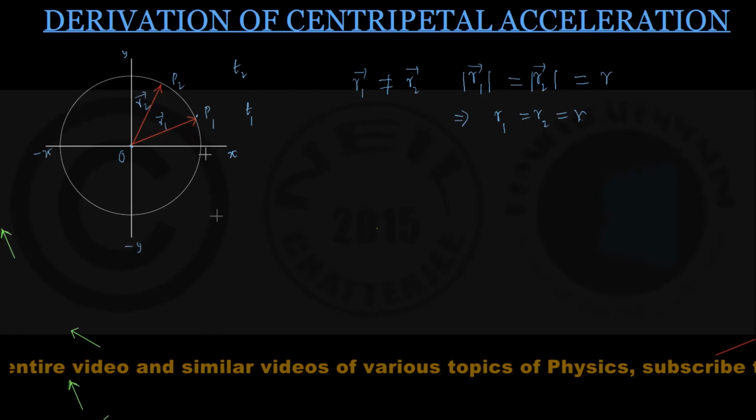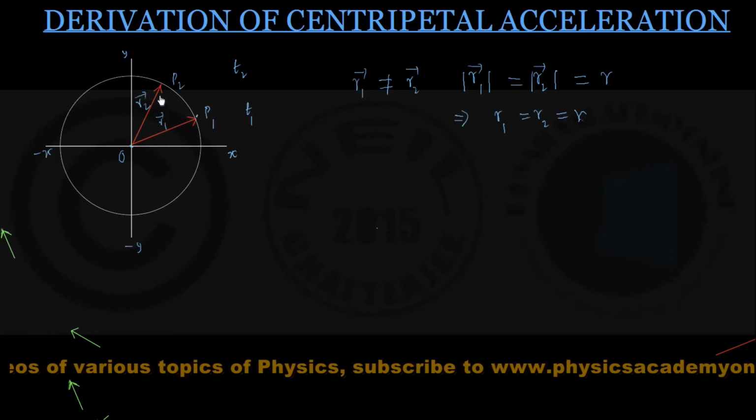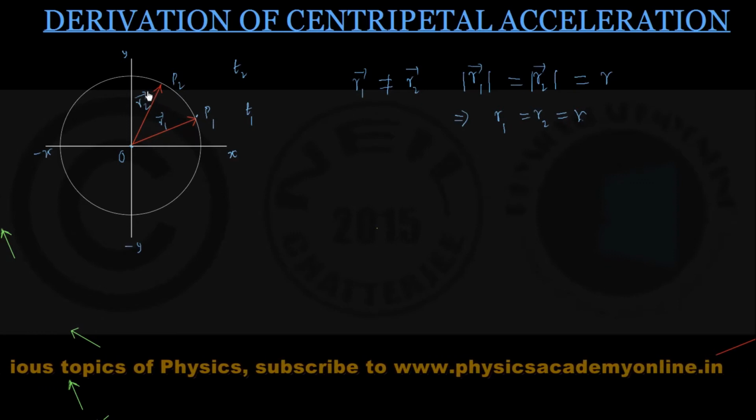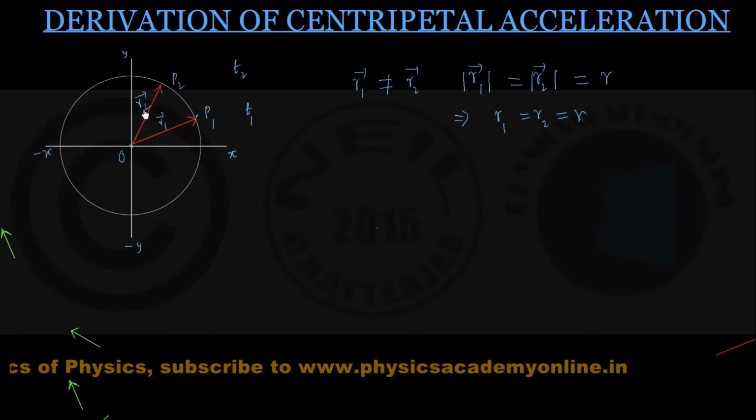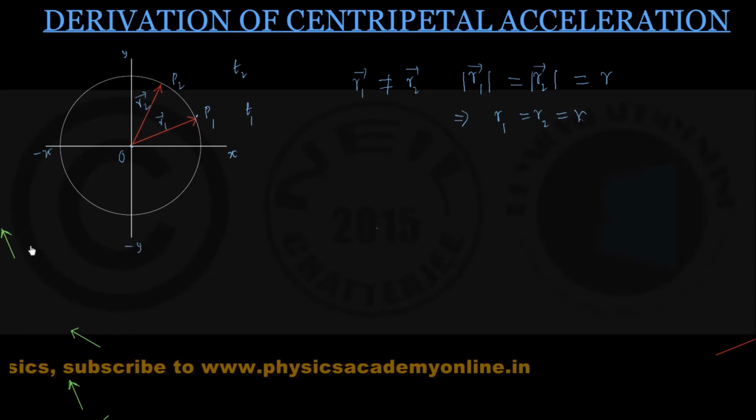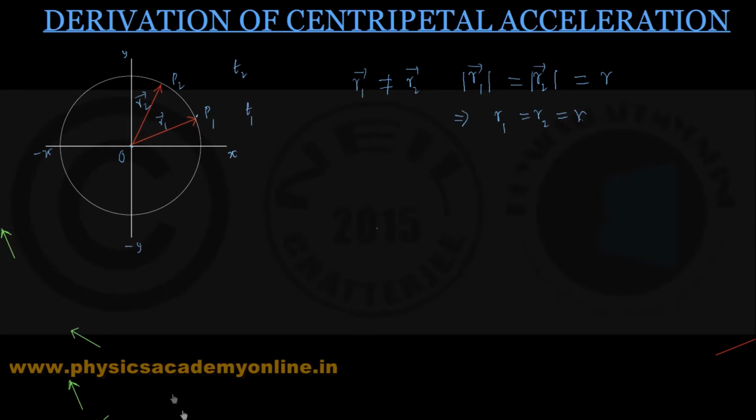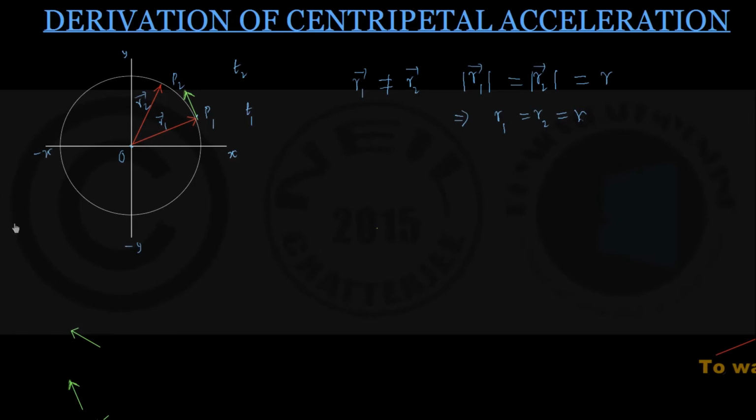Now what we need to note here is that even if the motion is uniform circular motion, which means the angular velocity or linear speed of the particle remains constant, we cannot say the same for the linear velocity of the particle. Why? Let us see this. At the initial time, time t1, when it was at point P1, the velocity vector was pointing along this green arrow, which we could call the v1 vector.